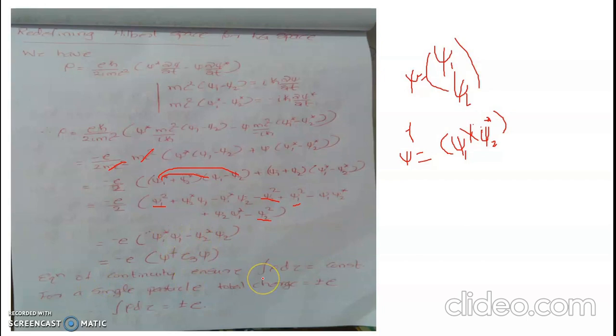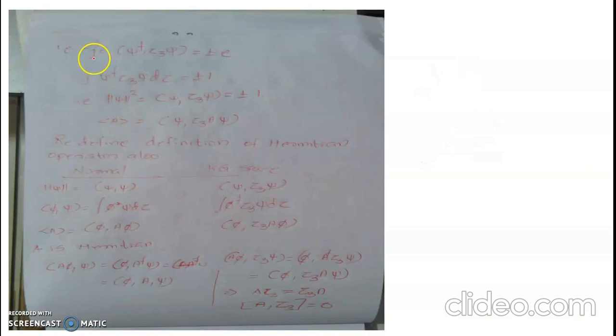And the equation of continuity necessitates that the total charge density is a constant, integral ρ dτ equal to a constant. For a single particle, total charge is either plus e or minus e. So integral ρ dτ for a single particle can be taken as plus or minus e.